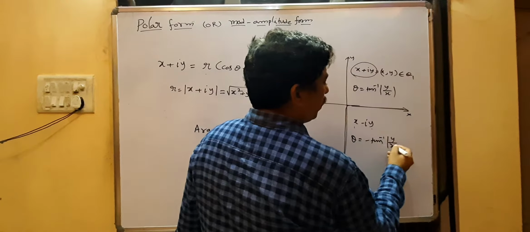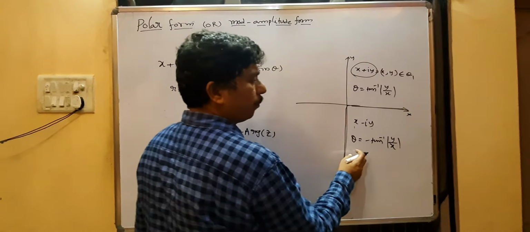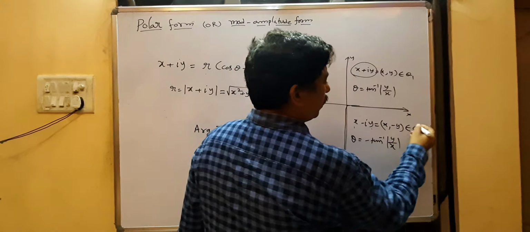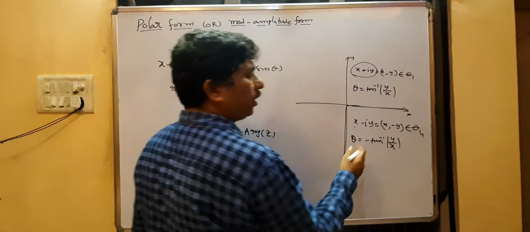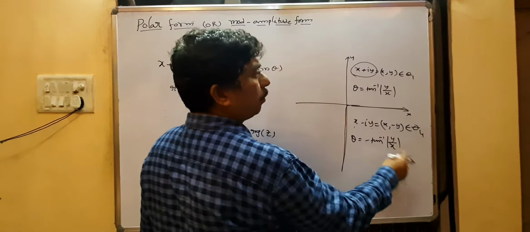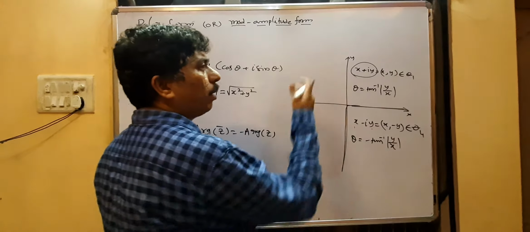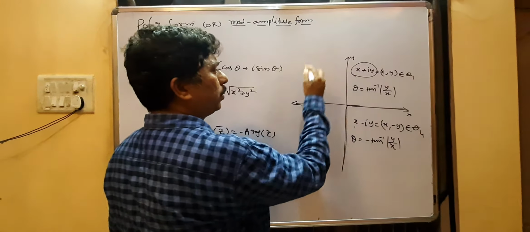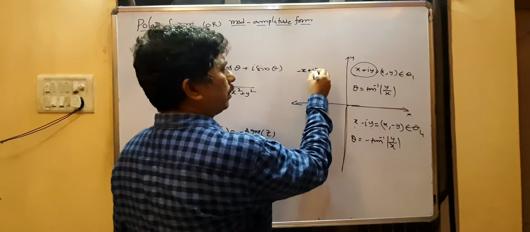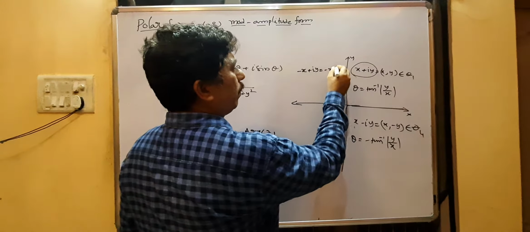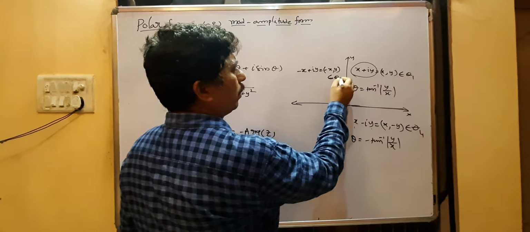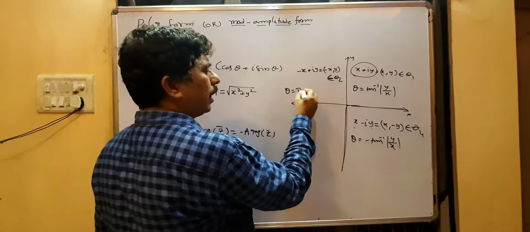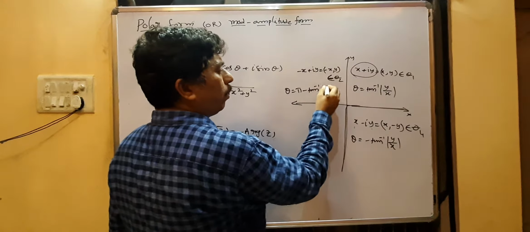If the complex number lies in the fourth quadrant, then the amplitude theta formula is minus tan inverse of mod y by x. If the complex number lies in the second quadrant, meaning x is negative and y is positive, that is minus x plus iy, then theta equals pi minus tan inverse of mod y by x.